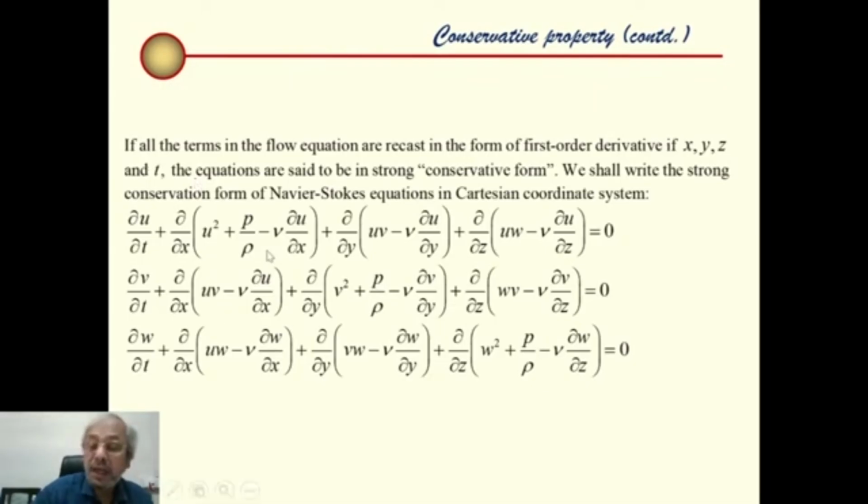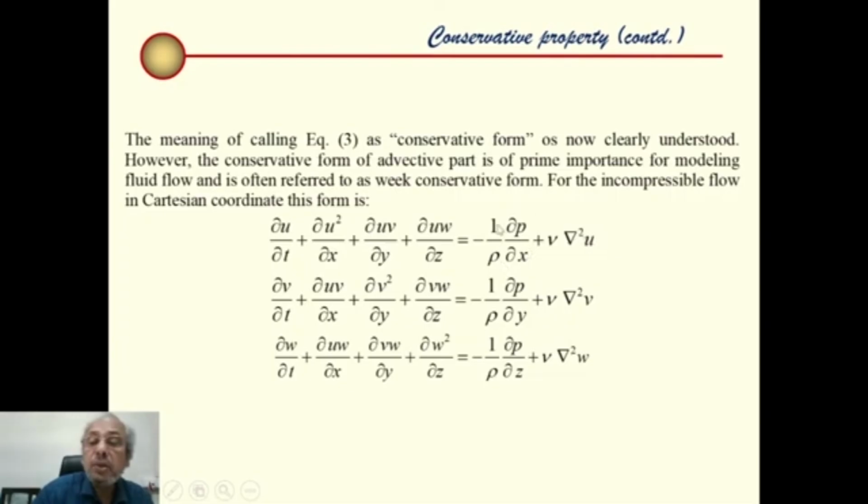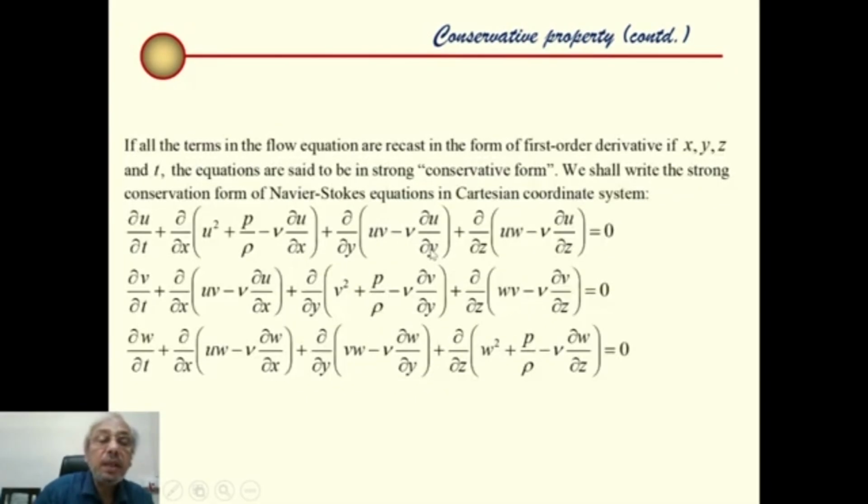You have seen that what we have done now is that the right hand side also enters into the expression, wherever it fits in del x, del y or del z. You can see del u del t plus del x of u square plus p by rho minus nu del u del x. If you move it to the right hand side, it will be minus 1 by rho del p del x. That has been brought here. And if you again shift this to the right hand side, this will be nu del 2u del x2.